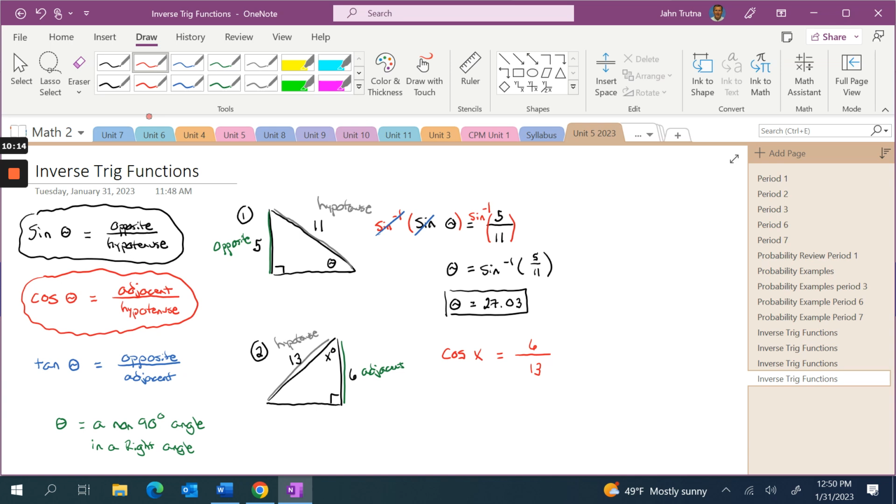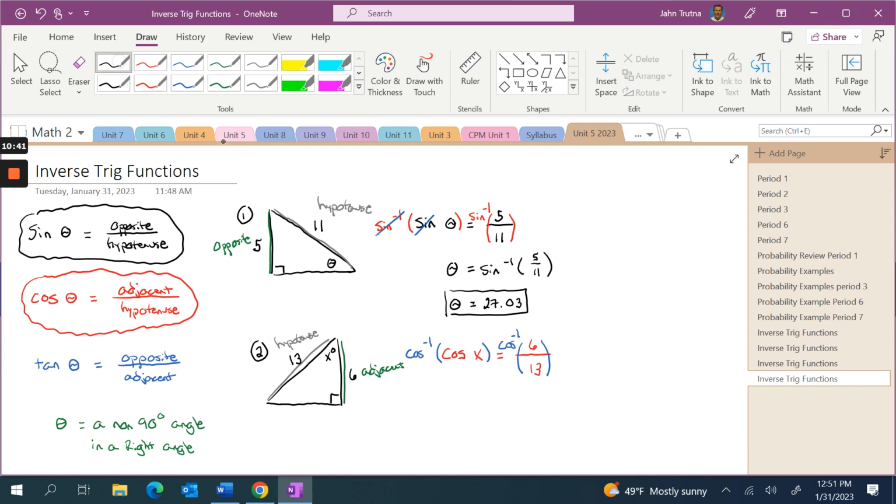And now I use this equation to solve for x. To solve for x, I need to eliminate the cosine function from my equation. The way that you eliminate cosine from any equation is you multiply both sides of the equation by the inverse cosine, which we represent as cosine with that -1 as the exponent.